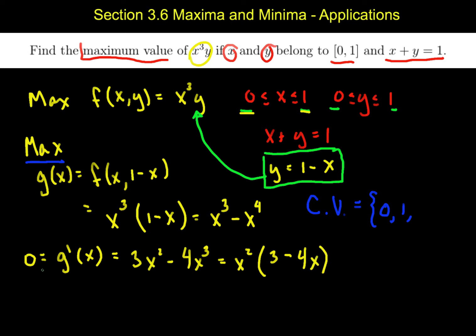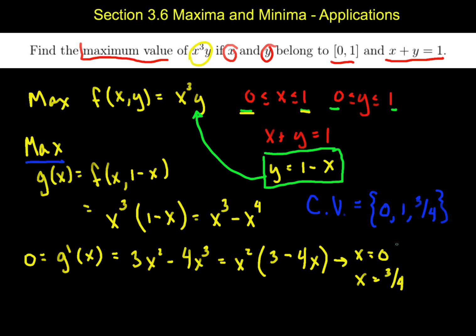If this is equal to 0, this tells us that either x is 0 or x is 3/4. Now, x being 0, we've already added into our set of critical values, so the only new one we have here is 3/4. All right, so we've got 3 critical values.